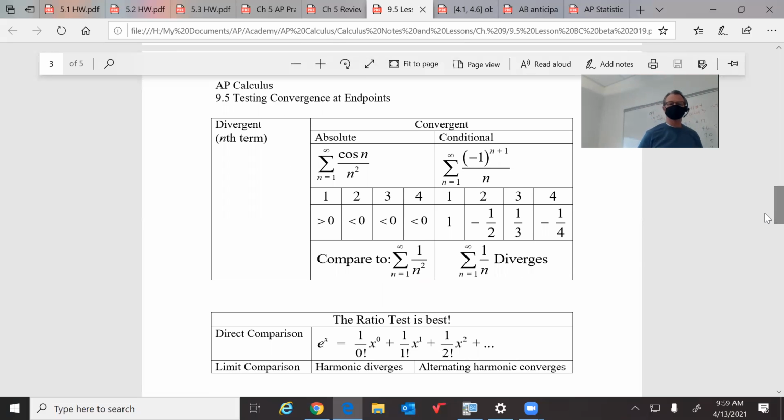So, how about this example? I've got the cosine of n over n squared, and I put these terms in there. So what's happening? The numerator is just going back and forth between -1 and 1.